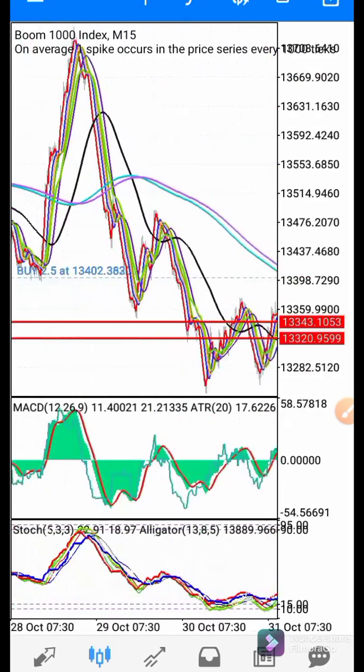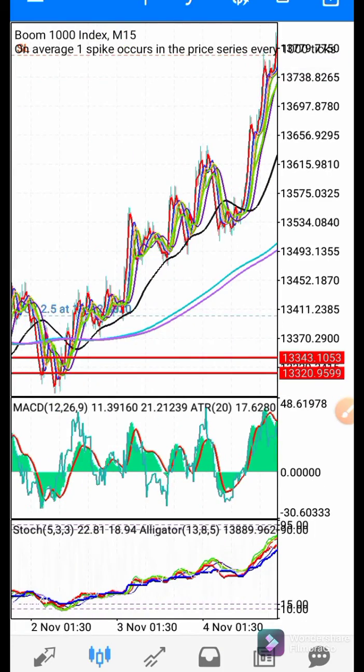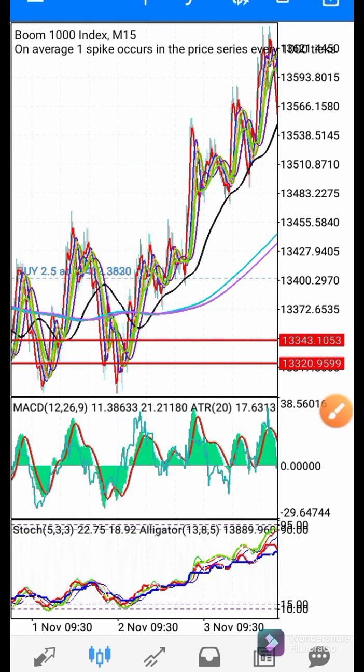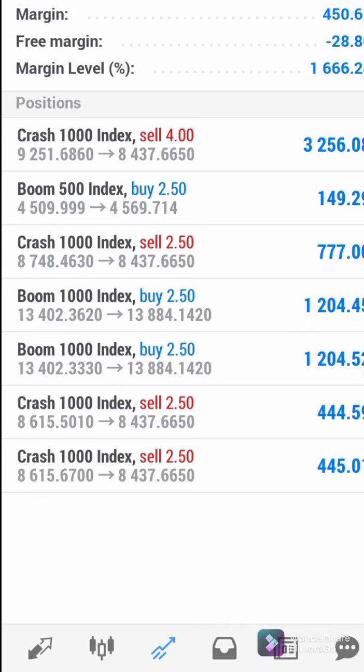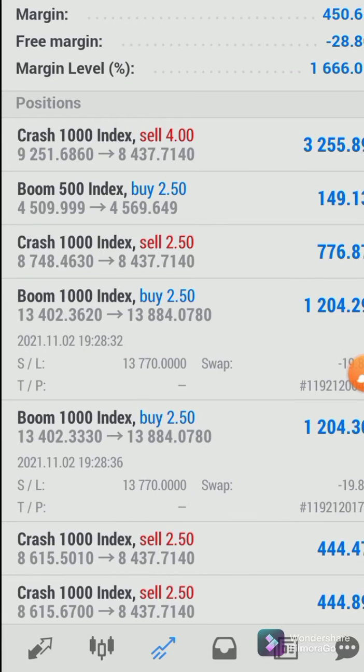So you see, this is our Magic Bomb strategy, and this is the entry I was supposed to talk about. It's a buy signal order we have given. Let me check the date for you. So these are the signals I'm talking about, these Boom 1000 signals.